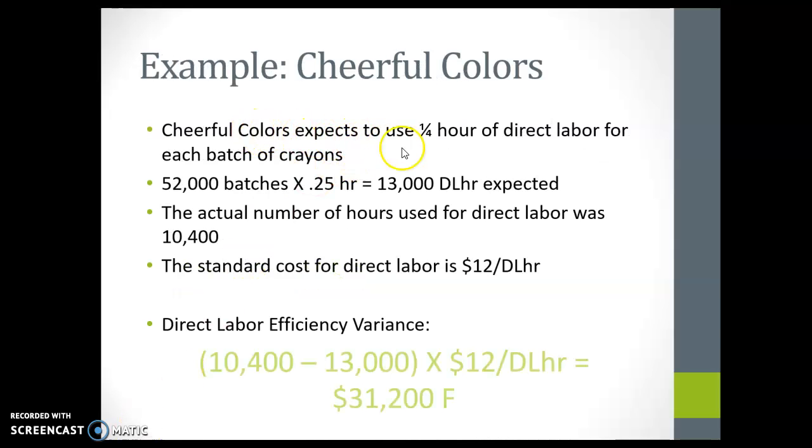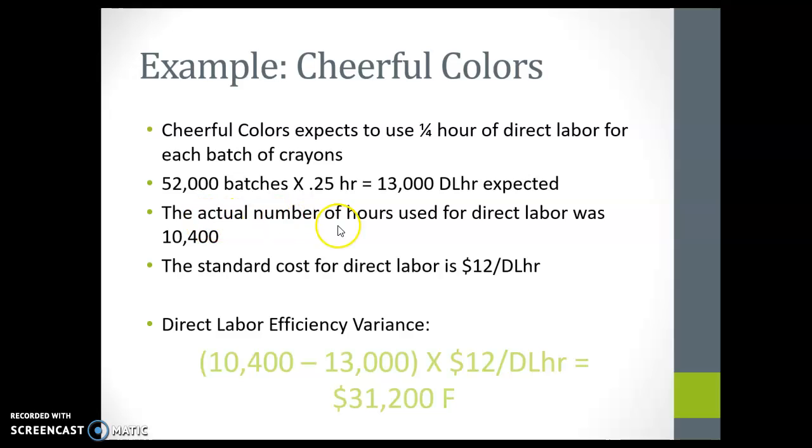So Cheerful Colors expects to use a quarter of an hour, that's 15 minutes, of direct labor for each batch of crayons. So if we had 52,000 batches that we sold, and each one took us a quarter of an hour, 52,000 times 0.25 is 13,000 direct labor hours that we thought we would have to use.